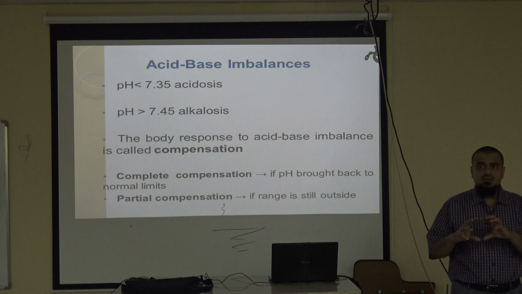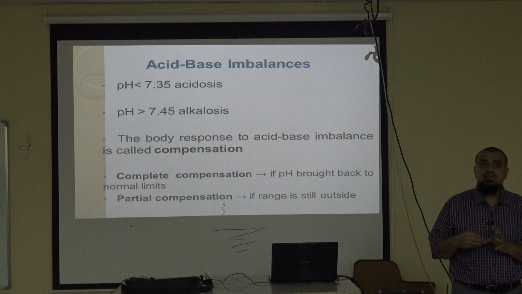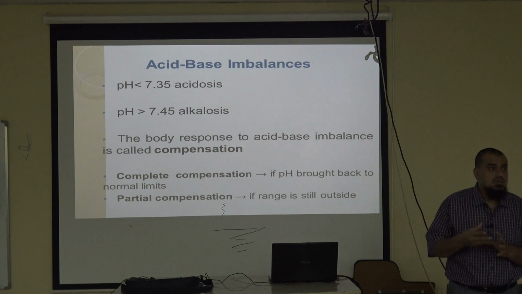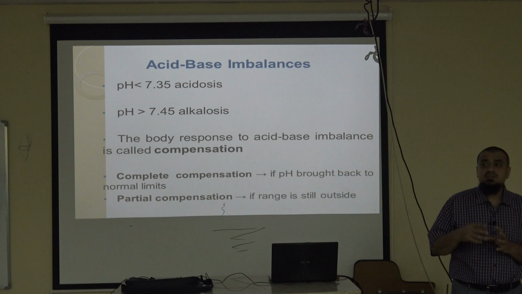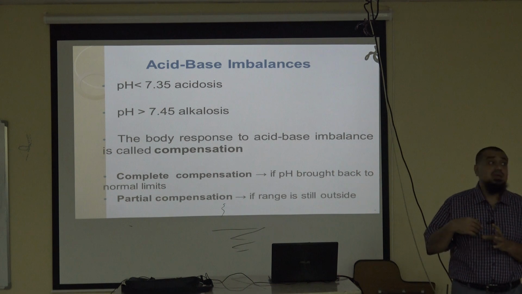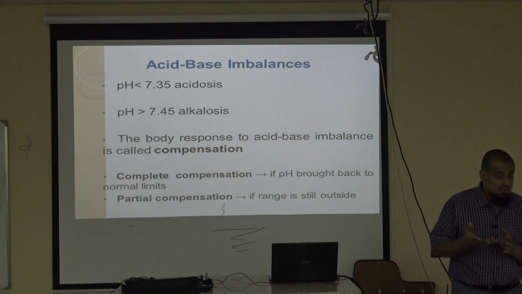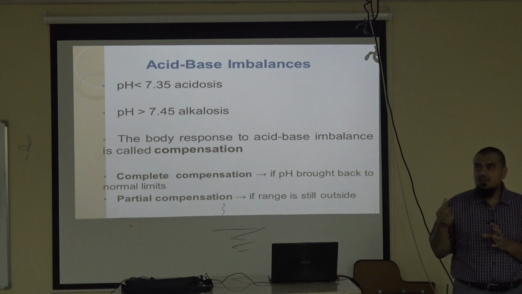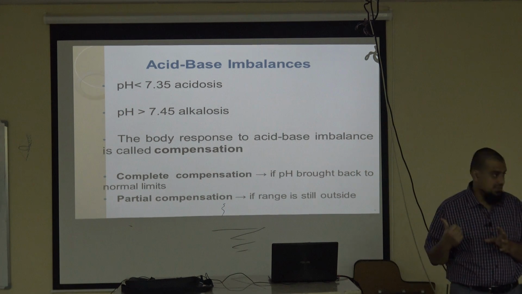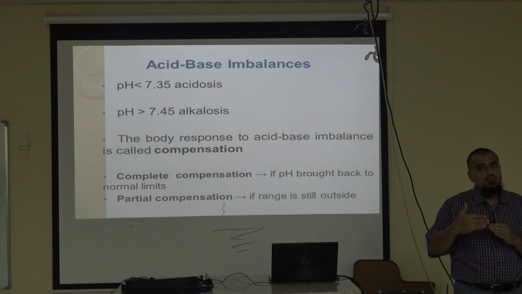Compensation means buffering. Whenever any change happens in the pH, the body has buffers which try to bring back the pH to normal. Clear? This buffering is called compensation. Now there are two possibilities.